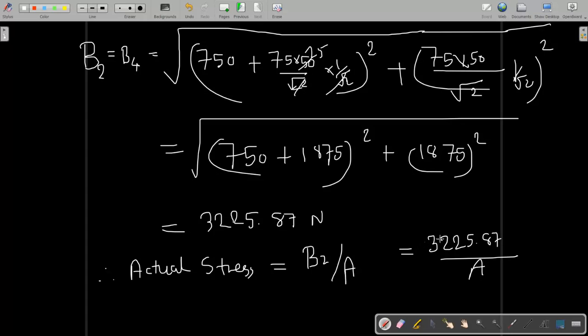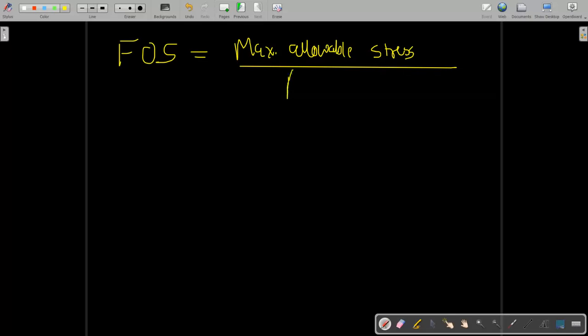Let's call this equation number 1. Let's move toward the next, that is the given factor of safety. What is the factor of safety? That is the maximum allowable stress upon actual stress.